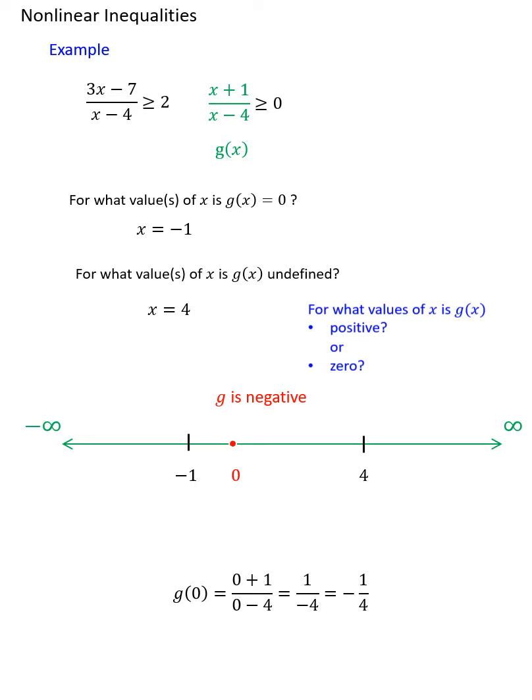If g is negative here, then it doesn't match that criteria. So if 0 doesn't make g negative, 0 is not a solution to our original inequality. And if 0 isn't a solution, then this entire interval from negative 1 to 4 can't be a solution either. So I can rule out that entire interval as having any solutions.